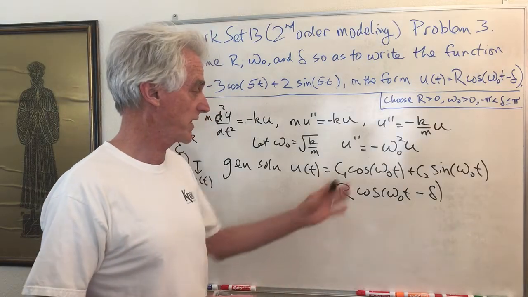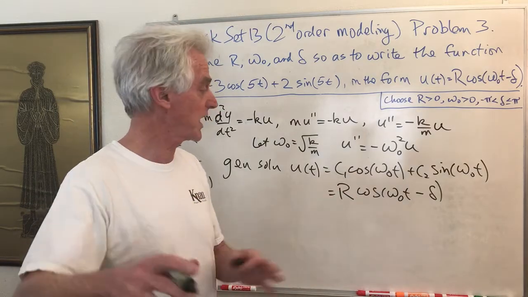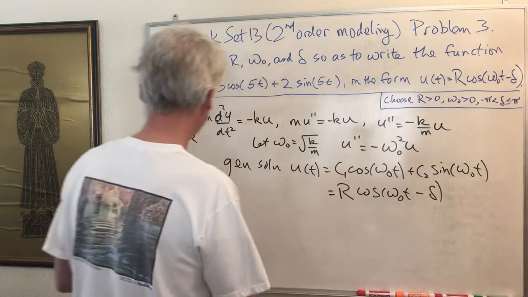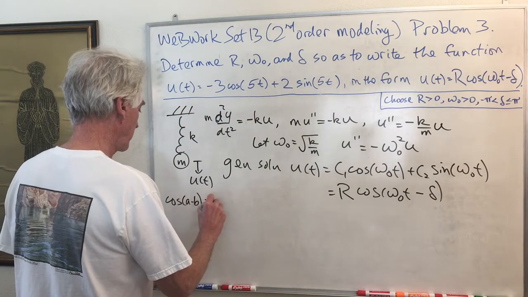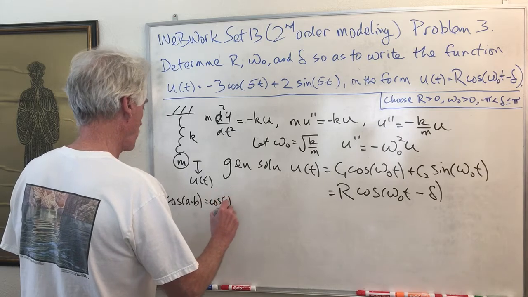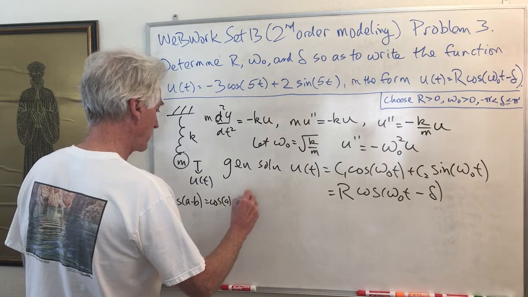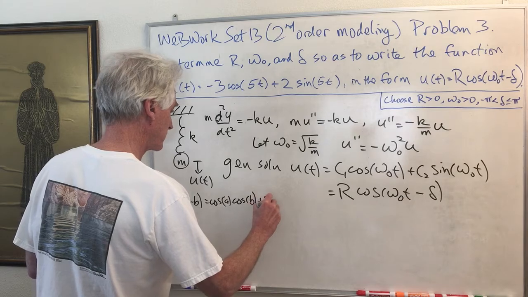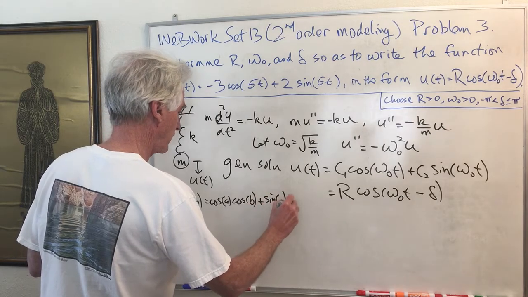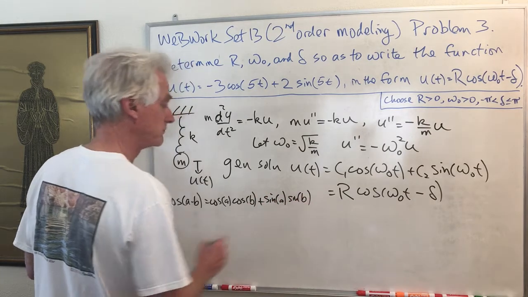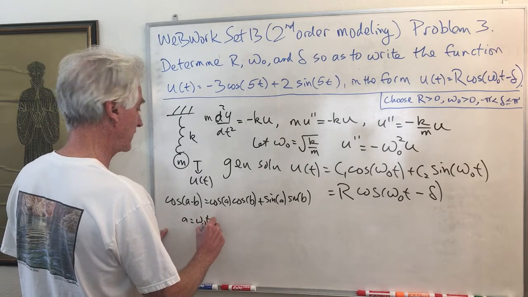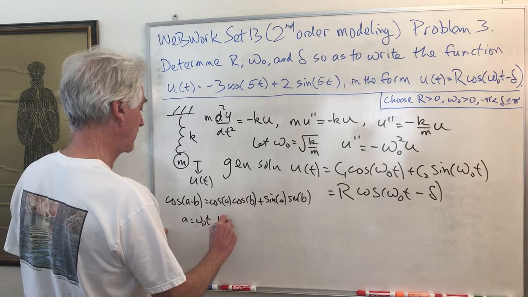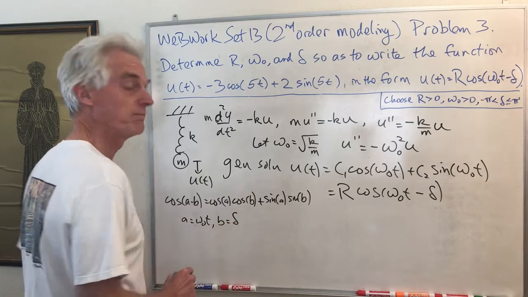To figure out how they relate, we can use a trig identity on cos of a minus b. Let's remember what that is: cos a cos b plus sine a sine b. In this case, a is omega naught t, and b is delta.